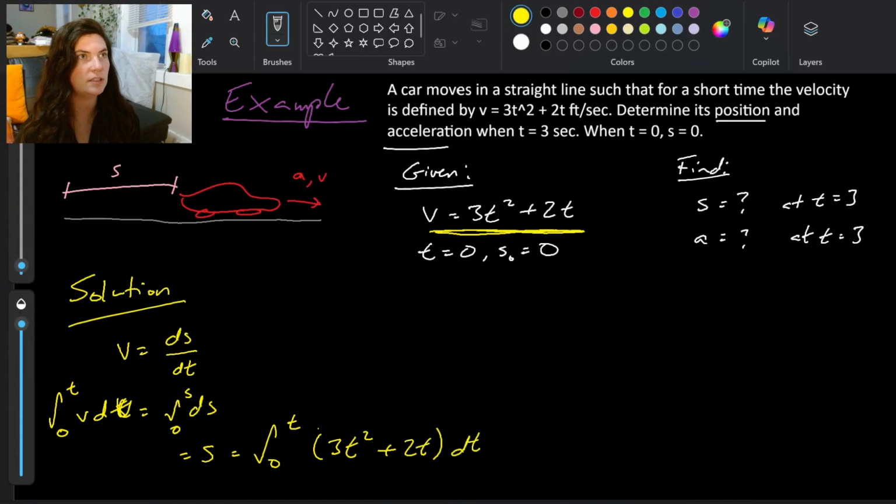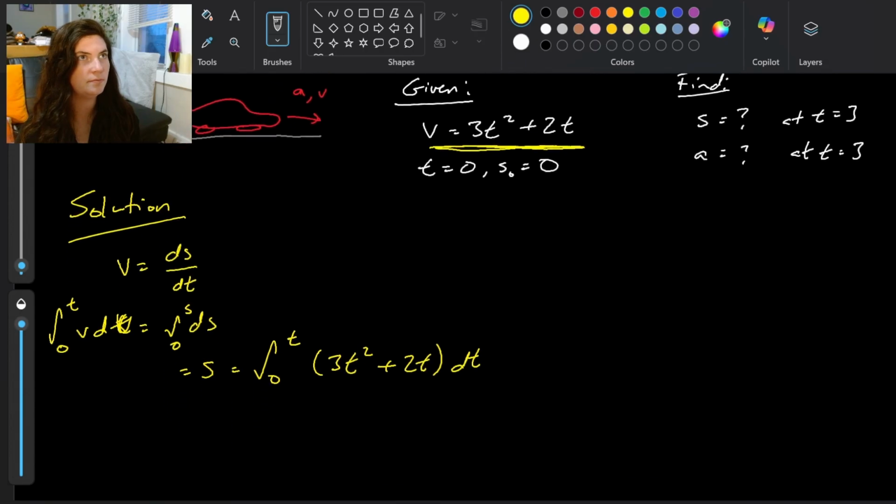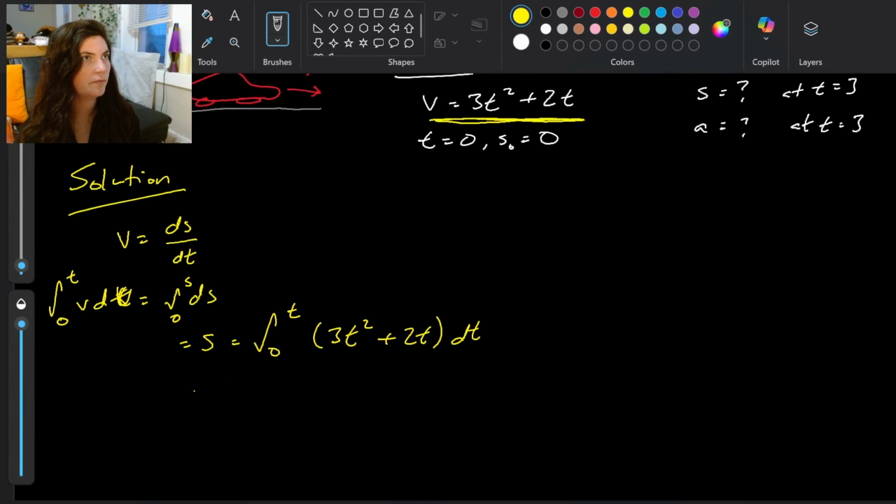So if I integrate this with respect to t, I'm going to get 3t squared. If I integrate that, that's going to give me t cubed over 3, and then the 3's cancel out. Plus 2t, when I integrate that, that gives me t squared over 2. The 2's cancel out.